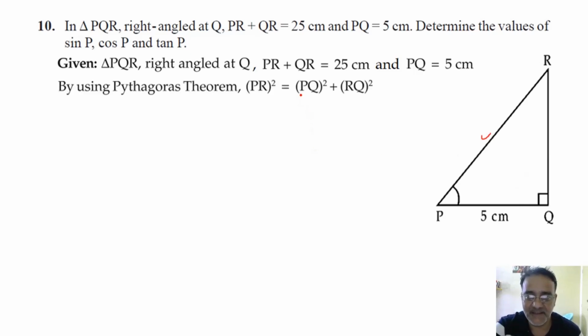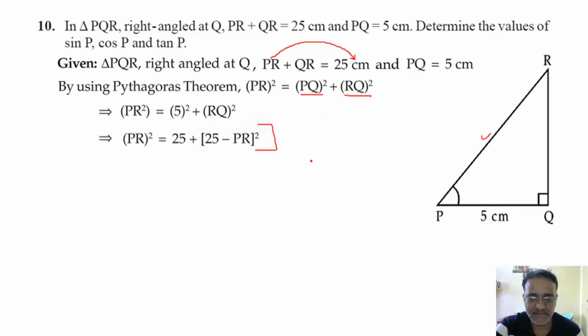Right? And PQ value is given 5, so it will become 25. And QR, we can write QR is equal to 25 minus PR. This is clear? QR के जगह पे हम लोग 25 minus PR लिख सकते हैं. So if you substitute, you will get this one.